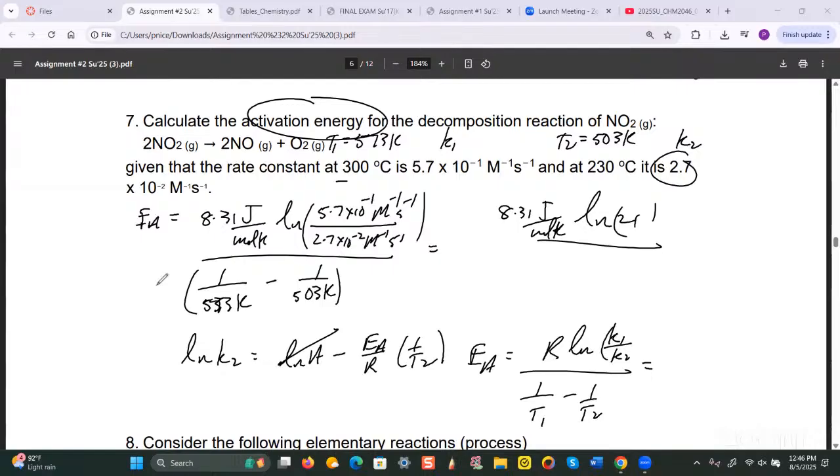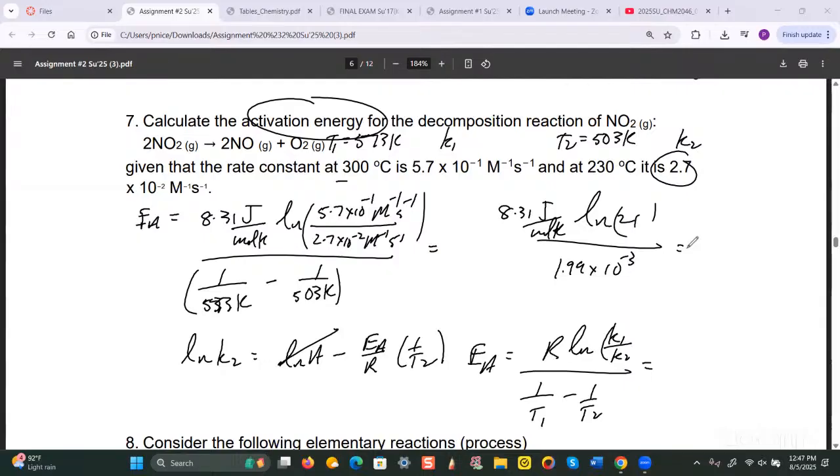Rounded off to 3 sig figs, I got 1.99 times 10 to the minus 3. Now we just have to work out everything here: ln 21 times 8.31 divided by 1.99 times 10 to the minus 3.